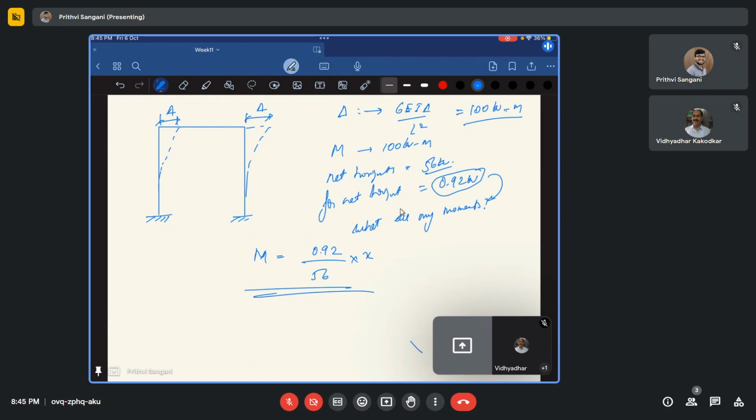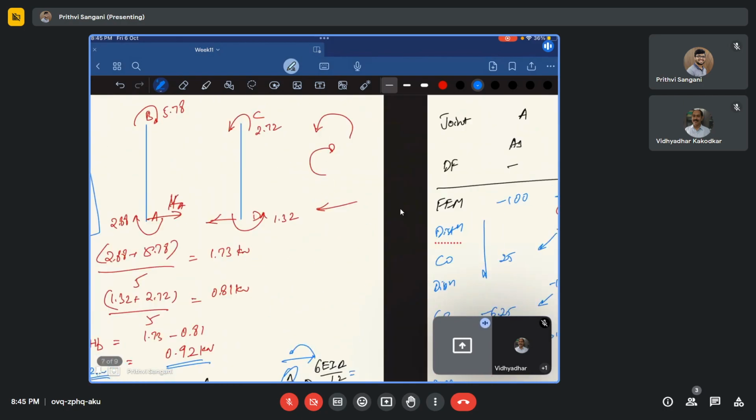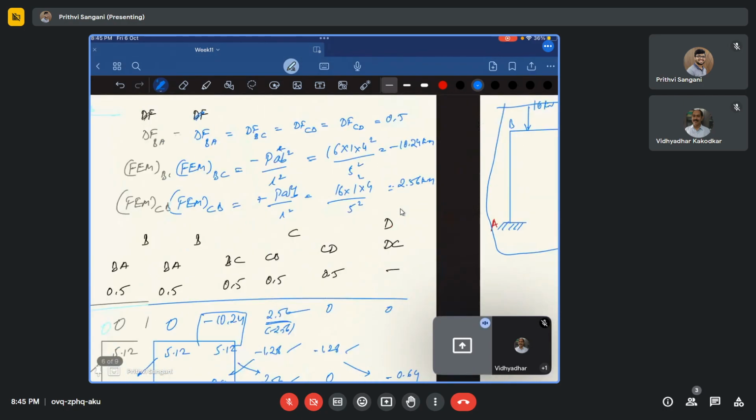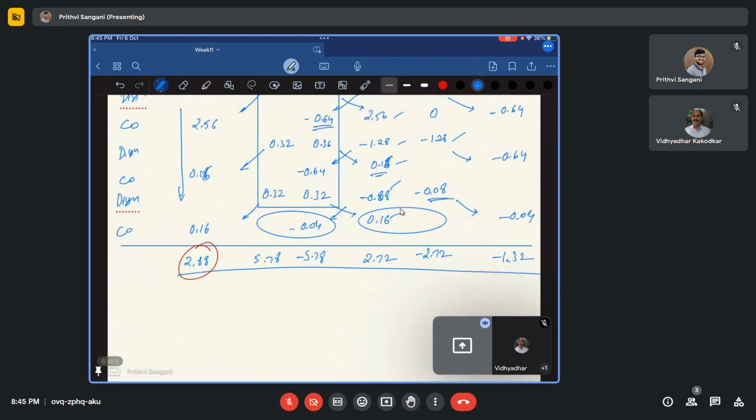This is my final equation for the moments. So how do I write MAB? If you see my initial steps, it is 2.88. This is my first step: 2.88, 5.78, minus 5.78, 2.72, minus 2.72, and minus 1.32.